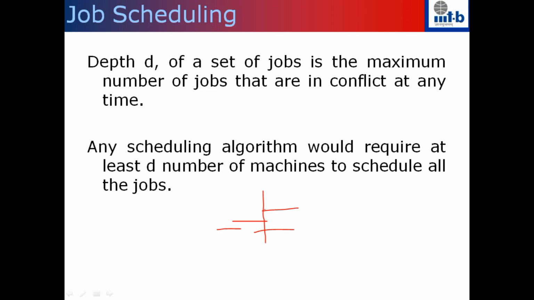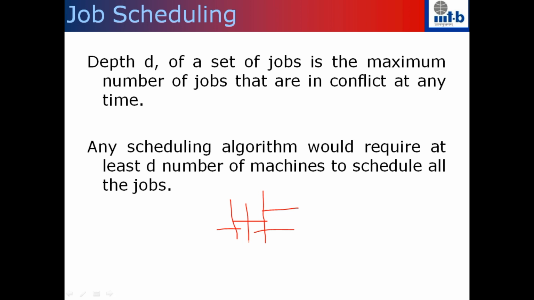At this point of time, there are 3 jobs which are conflicting. At this point, there are 2 jobs conflicting. At this point, there is only 1 job. Over a period of time, you just look at the number of jobs which are conflicting and keep track of the maximum. That's what is called D.